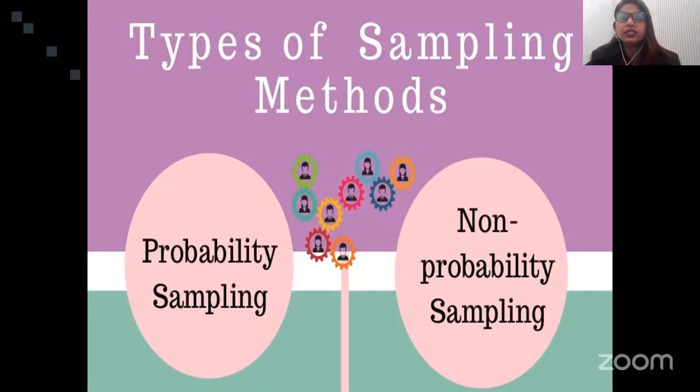It is according to my convenience; I conveniently pick those students who are easier to contact. That comes under non-probability. Probability is when I'm providing equal chance to each and every student to come under my study. So this is the basic difference between probability and non-probability sampling technique.